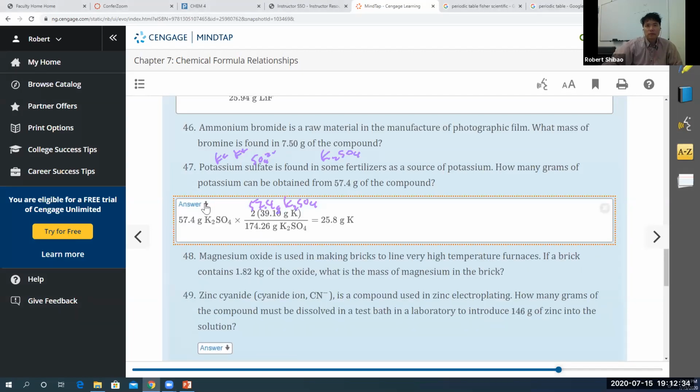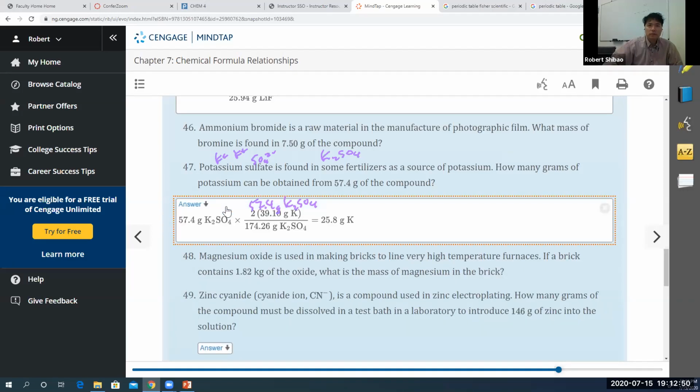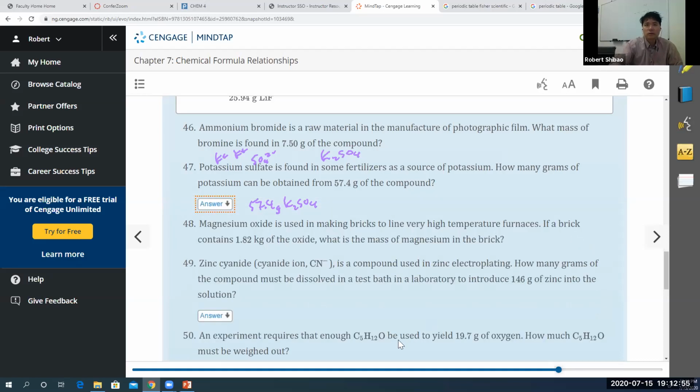174.26. Again, look, they're just taking the mass ratio here. We could do that too, but I'm not. So 174.26.